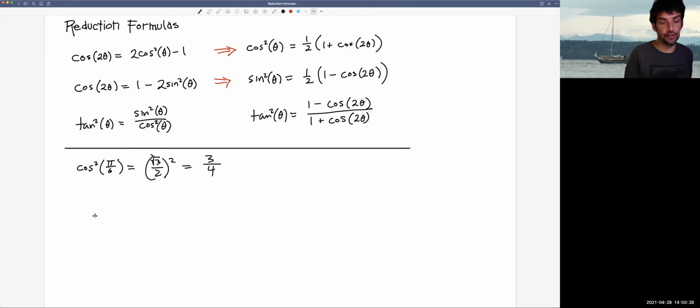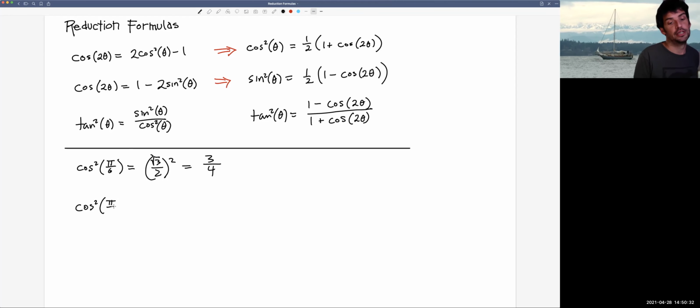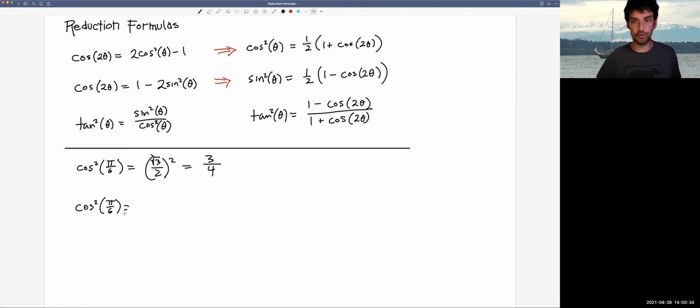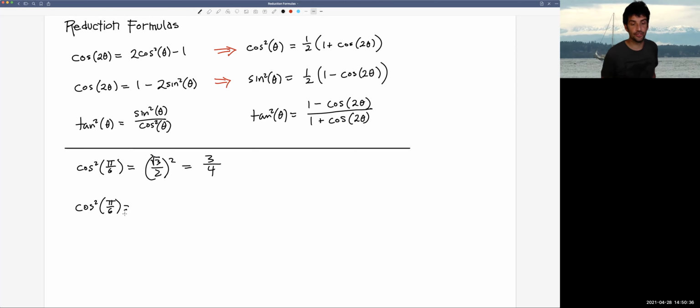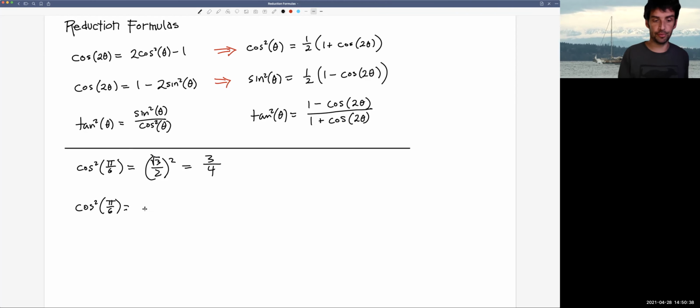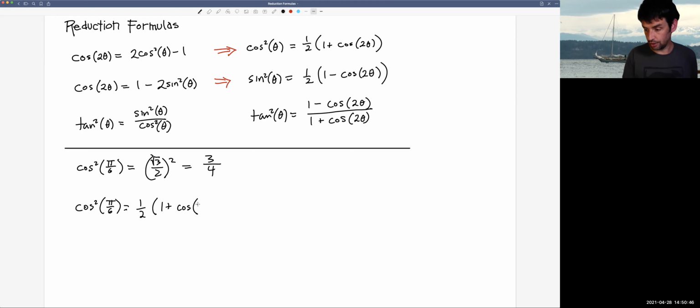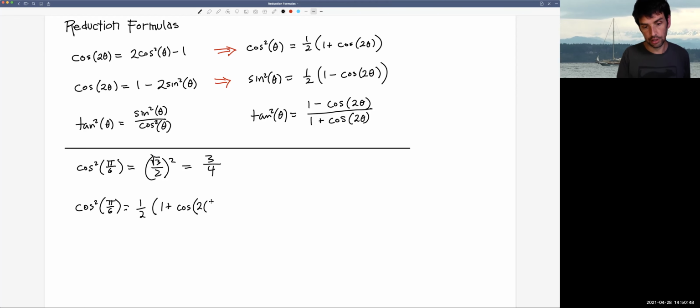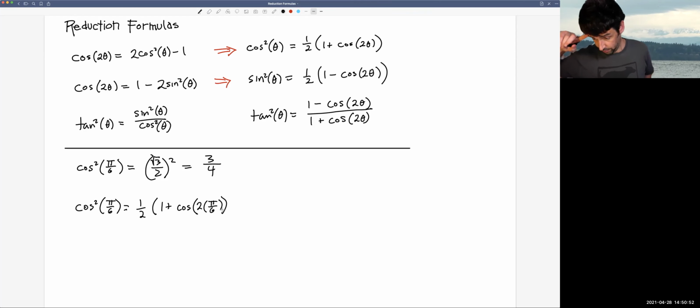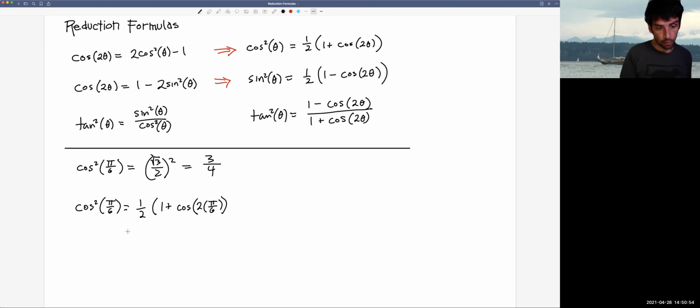Let's just try to do this with the reduction formula, right? Not that this is particularly useful, but I find it sometimes nice to just confirm that it at least aligns with what we know already. This should be 1/2 (1 plus cosine of 2 times pi over 6). Well, what's that?